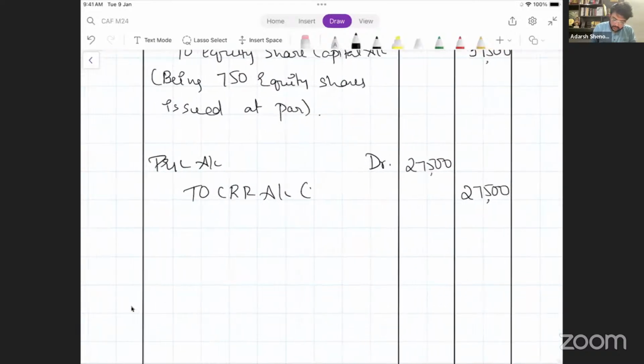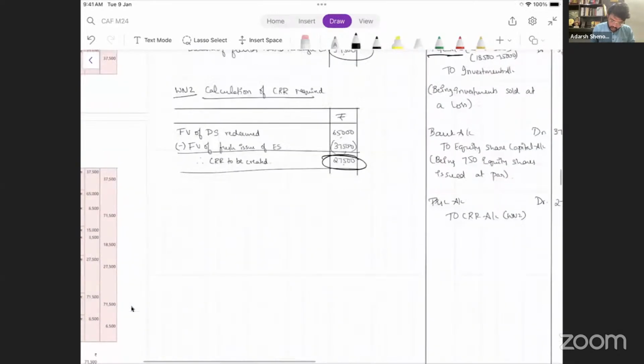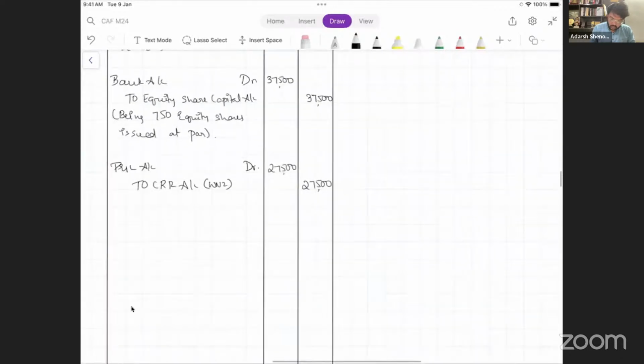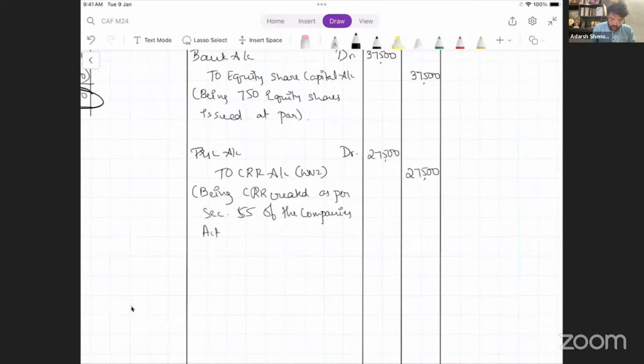This is as per working note number 2. Being CRR created as per section 55 of the Companies Act 2013.